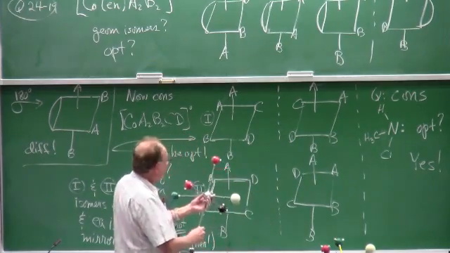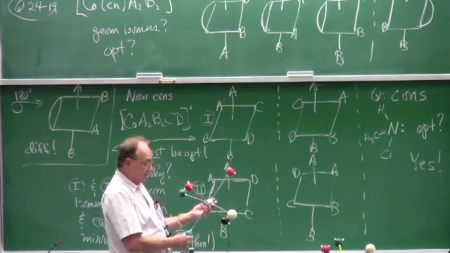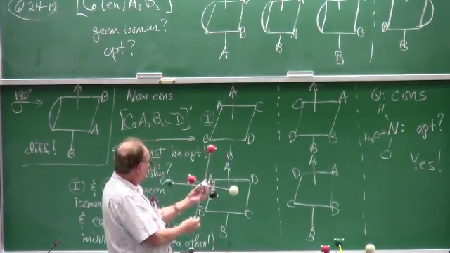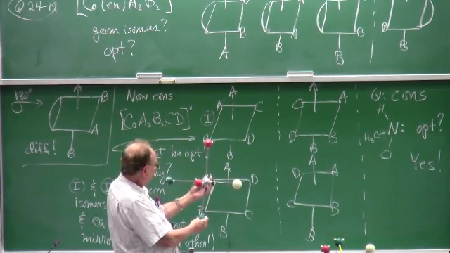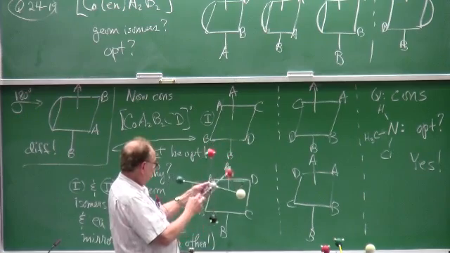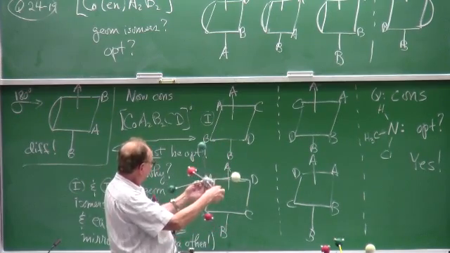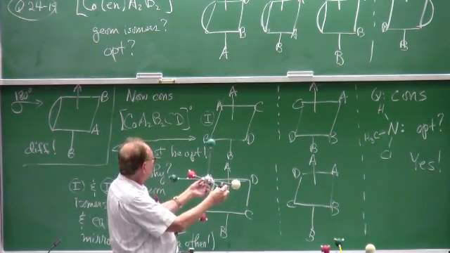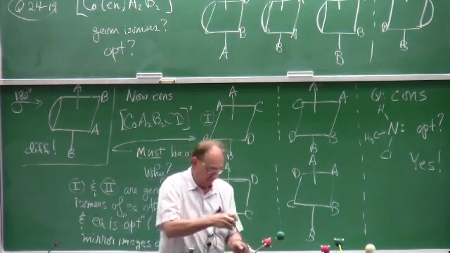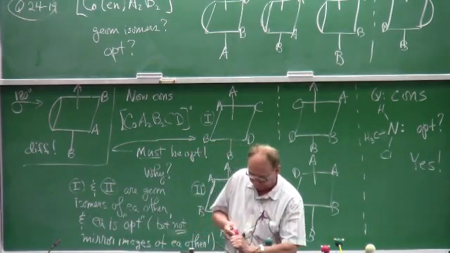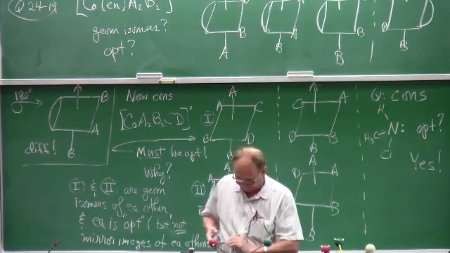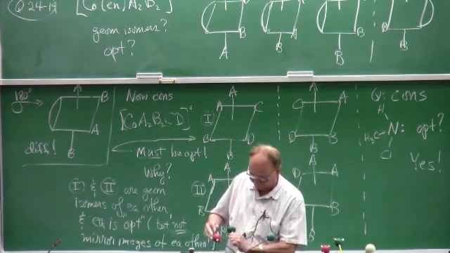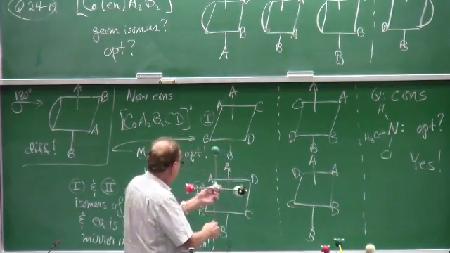Back to this one. I can take this one apart a lot easier. Let's see. We want B out in front and down below. That's not getting us any place, is it? All right.